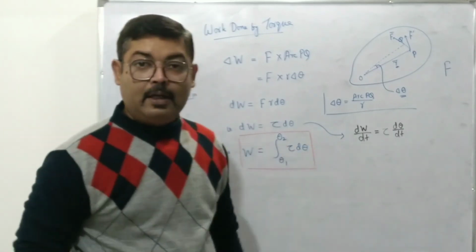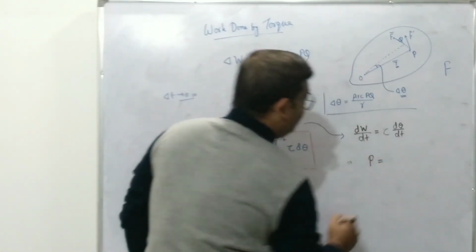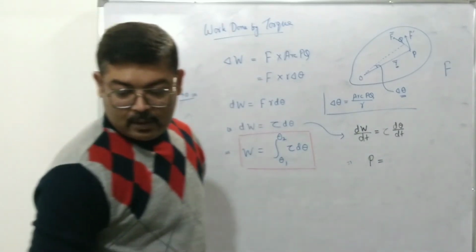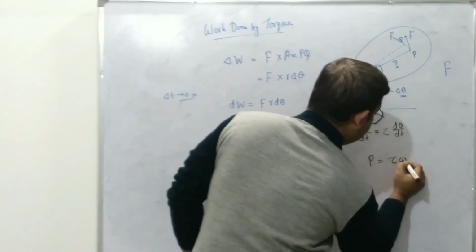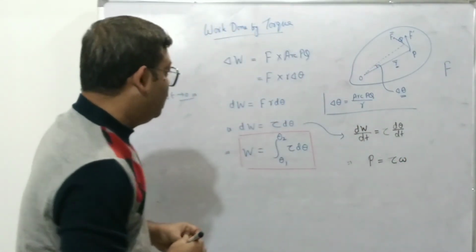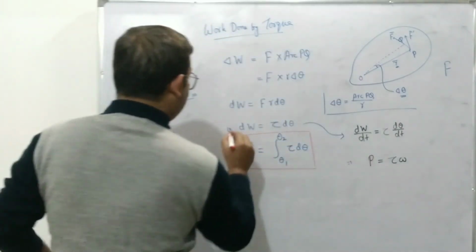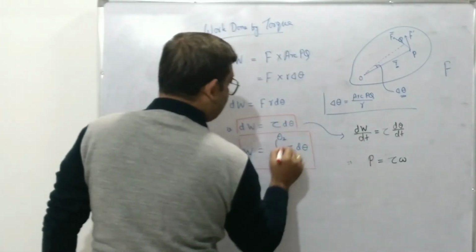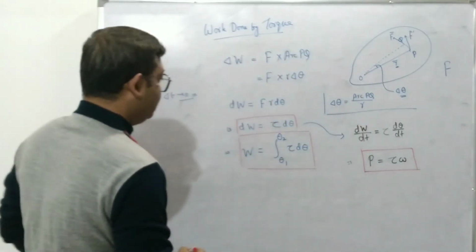But dW by dt gives us instantaneous power, or power, right? So power will be equal to tau, and d theta by dt is omega. So these two are also very important. dW is tau d theta and power is given by tau into omega.